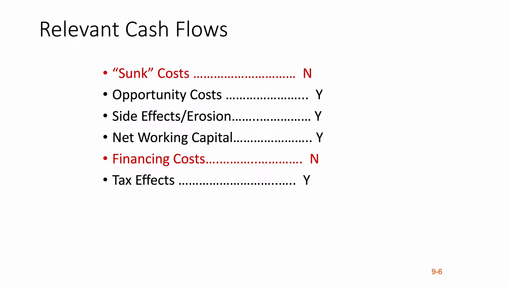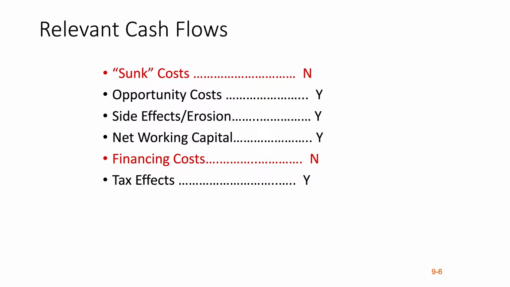The other one is the financing cost, for example the interest payment. If you are using debt to finance your project, the interest payment is a cost, but we do not include this cost in our capital budgeting, because we adjust the cost of capital. In the discount rate, we use the after-tax cost of debt as part of the cost of capital.